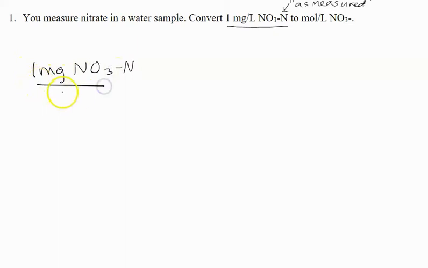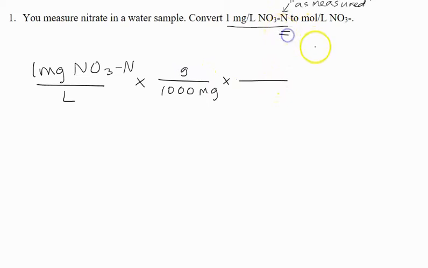So 1 milligram per liter. I am going to end up using the atomic mass of nitrogen, so I need to convert this to grams. There's 1,000 milligrams in a gram, and then I'm going to use the atomic mass. Because we have this dash N, measured as nitrogen, we're going to use the atomic mass of nitrogen.